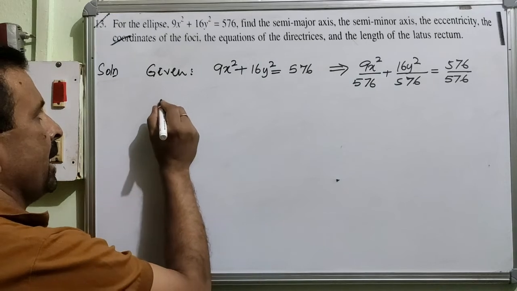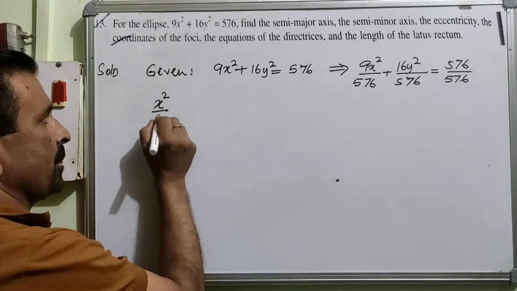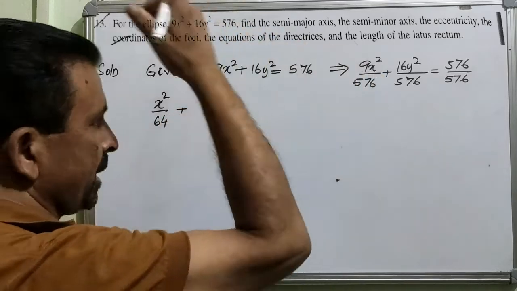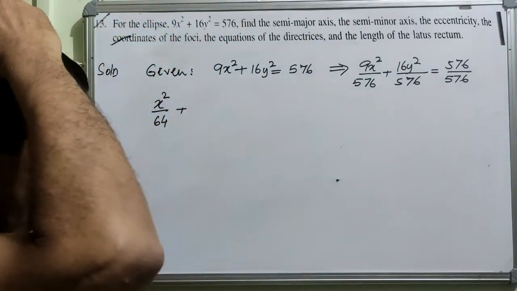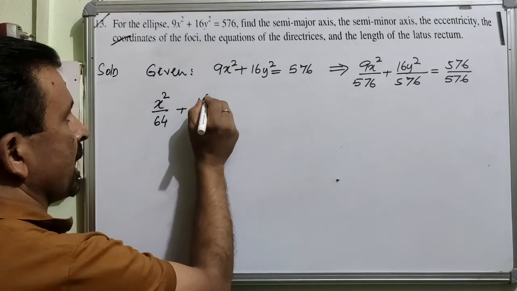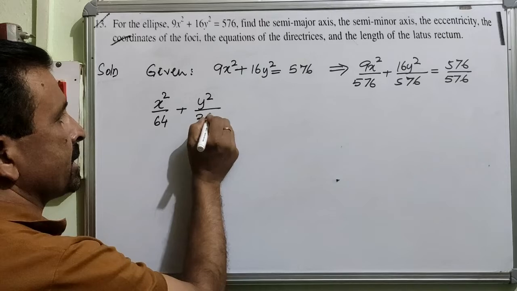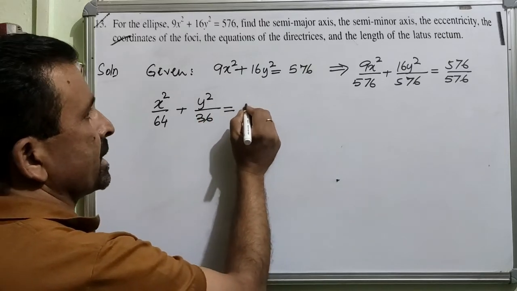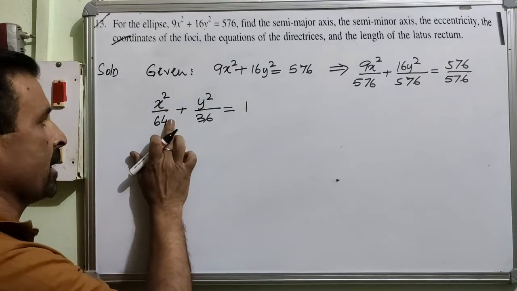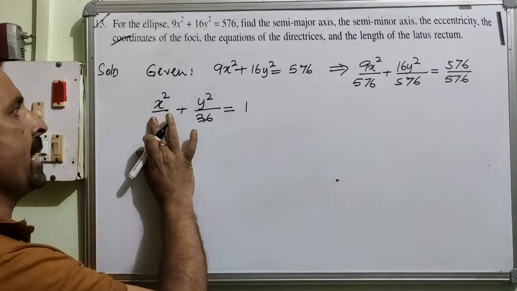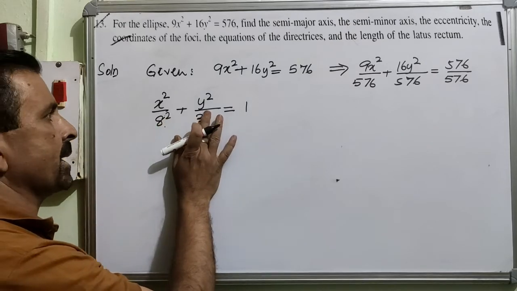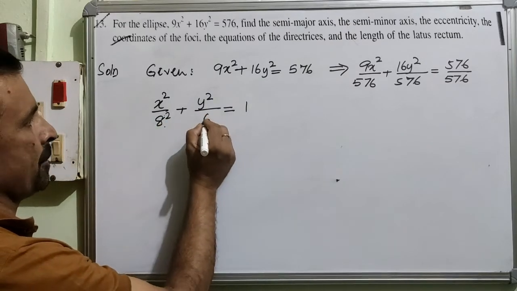That means it will come x square over 64. Now 576 when you divide it by 16 will come to 36. This is y square divided by 36. And on the right hand side we will get 1. This 64, if we want, we can write as 8 square, and this 36 we can write as 6 square.